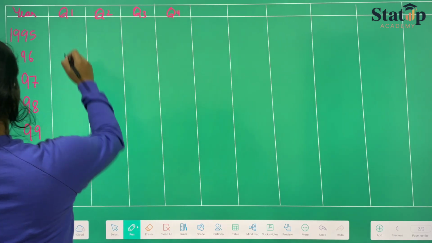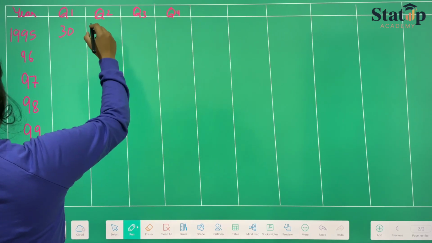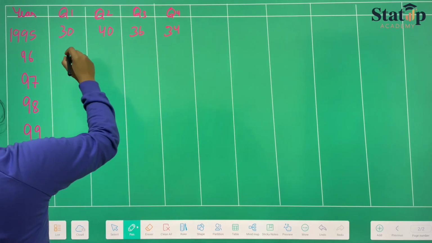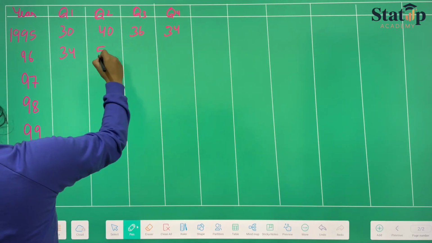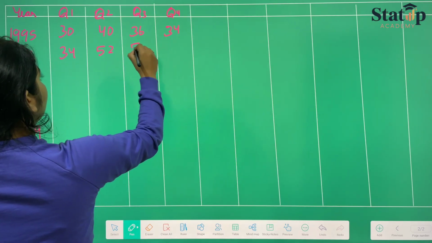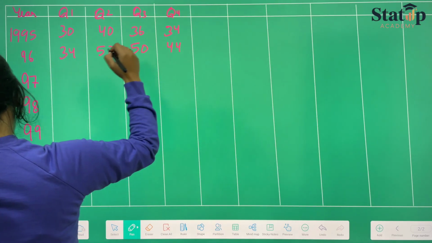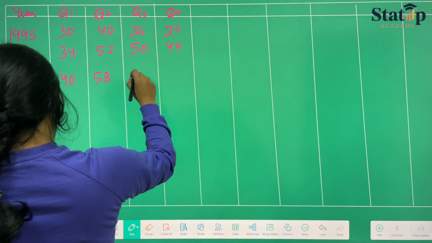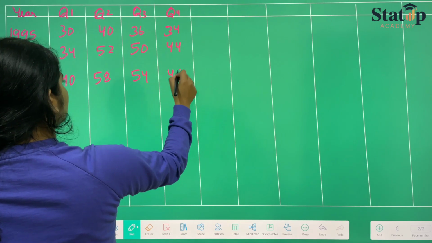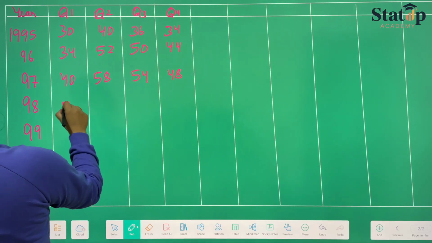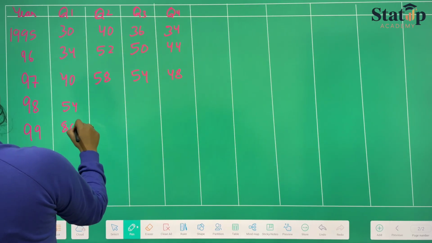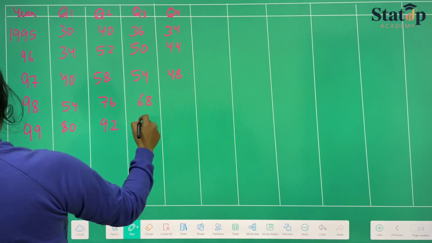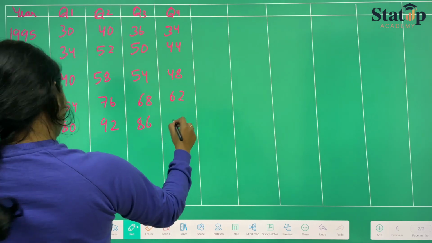It is given as 30, 40, 36, 34, 34, 52, 50, 44, 40, 58, 54, 48, 54, 80, 76, 92, 68, 86, 62, 82.